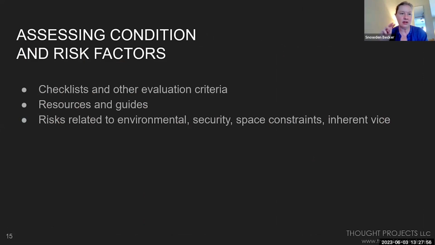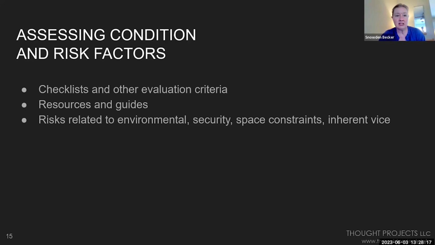If I could give you one thing to take away from this, it's that you don't have to think of everything yourself. There are tons and tons of great resources, some of which are listed already on the Archives Risk Help Desk: checklists and evaluation criteria and templates for self-assessments.